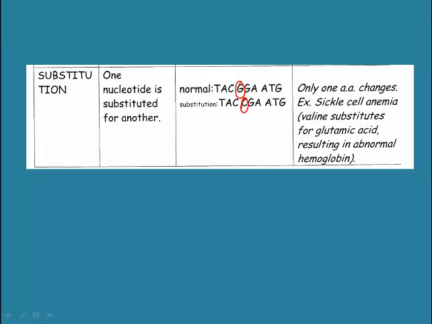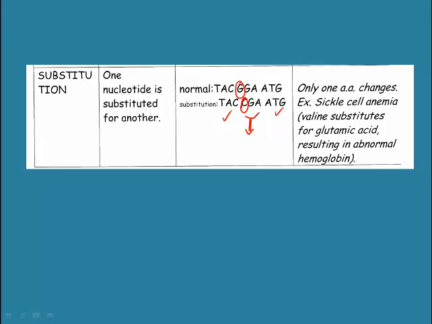However, it may actually code for one different amino acid. So while this amino acid, and all the rest of the amino acids would be the same, the one coded for by this sequence, if it is different, can result in devastating effects.